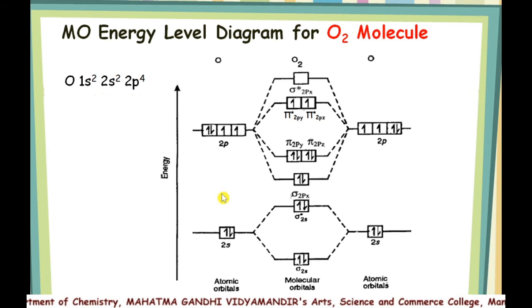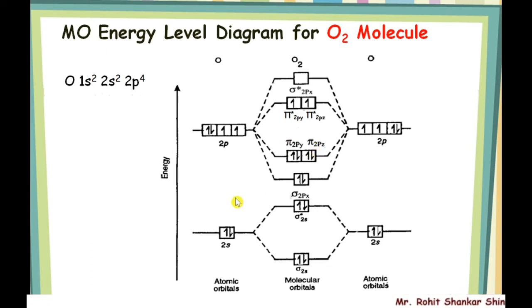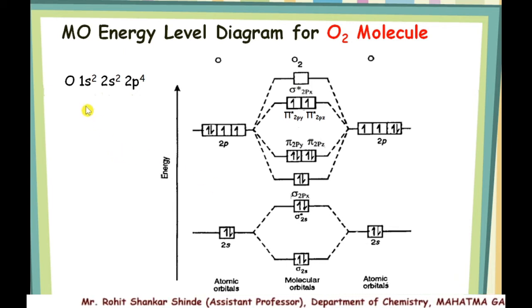In such case, there is no sp interaction, and hence sigma 2px has lower energy than the pi 2py, pi 2pz degenerate molecular orbitals.